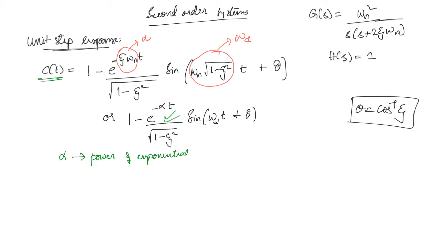And what is the rate at which it will fall? It will depend on the power of the exponential, that is alpha. So basically alpha decides the damping of the response. Okay, so it is a measure of damping. So for this reason alpha is called the damping factor, or it is sometimes also called the damping constant.